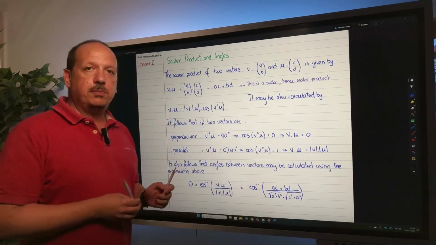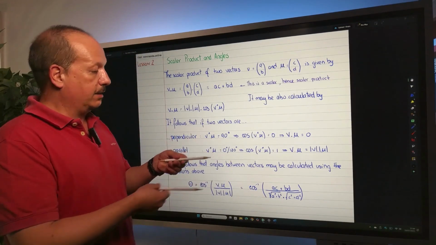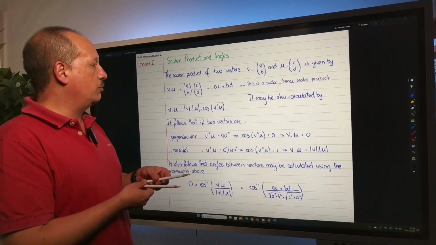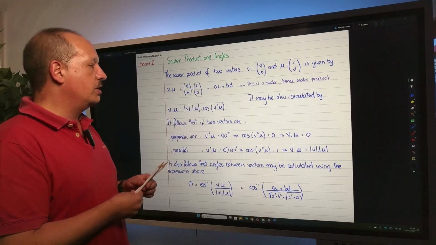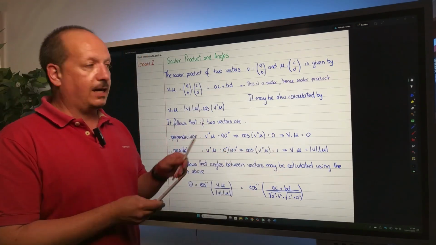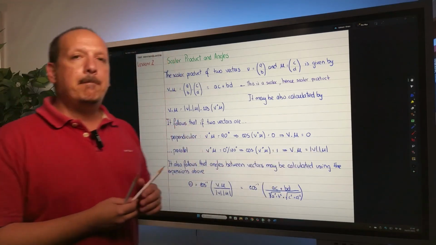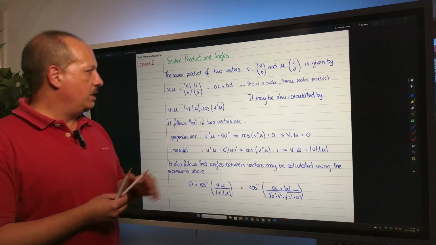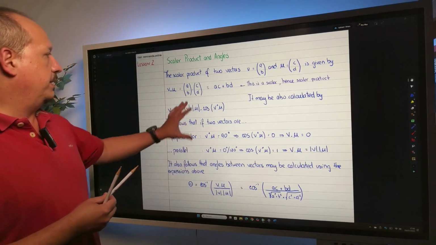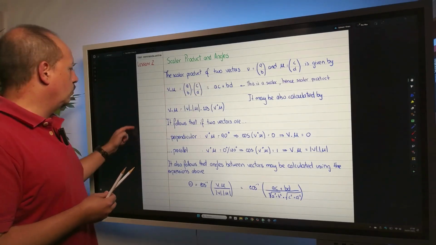The same approach can be used to explain that if two vectors are parallel, the angle between them is going to be 0, and cosine of 0 is 1. So basically, the scalar product of two vectors that are parallel is going to be given just by the product of their magnitudes.